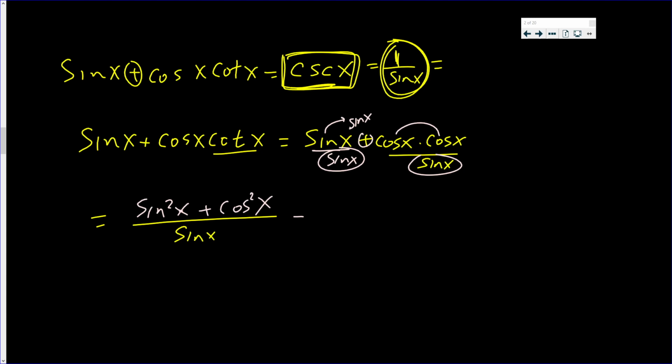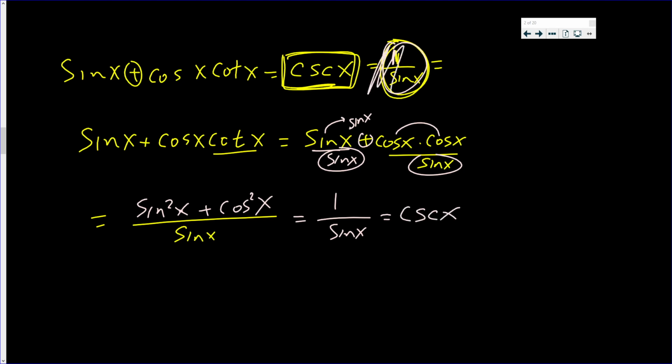And even if you didn't know that this top is 1, it has to be 1. You say, oh yeah, I remember my teacher saying that sine squared x plus cosine squared x is 1. And 1 over sine x is cosecant x.